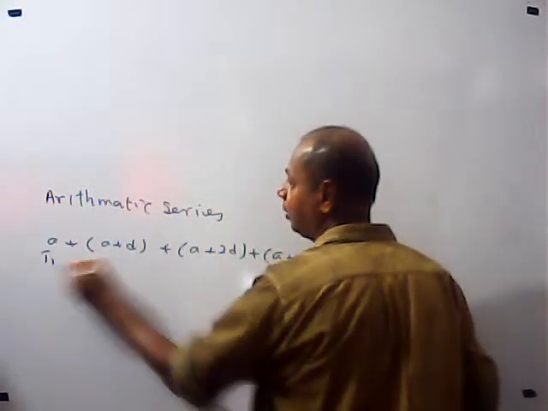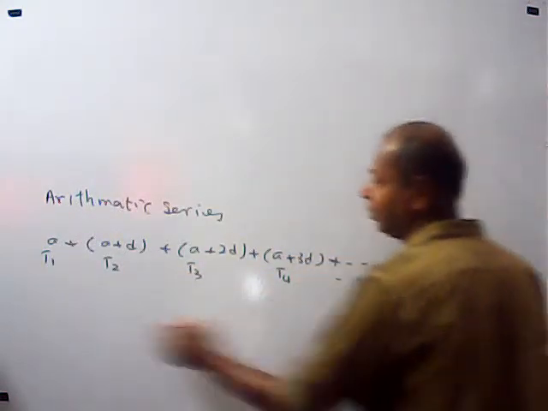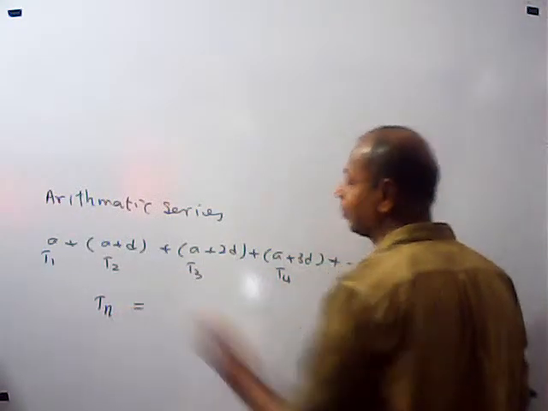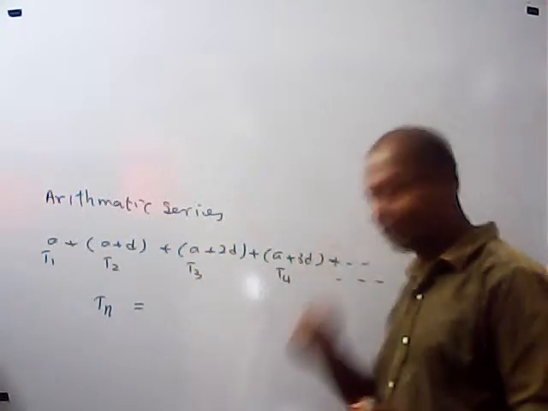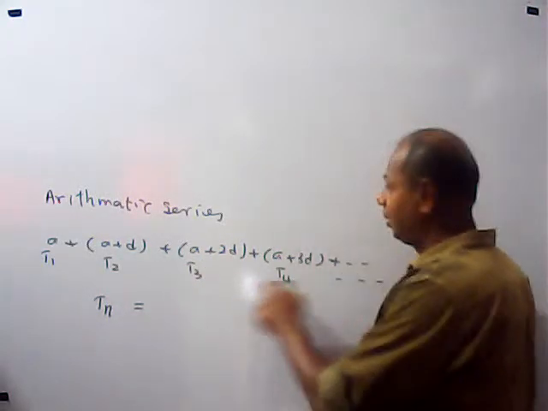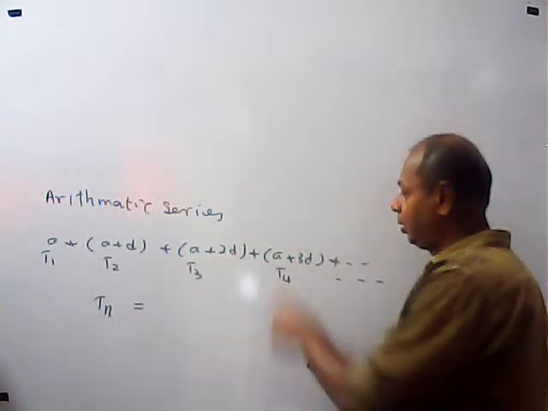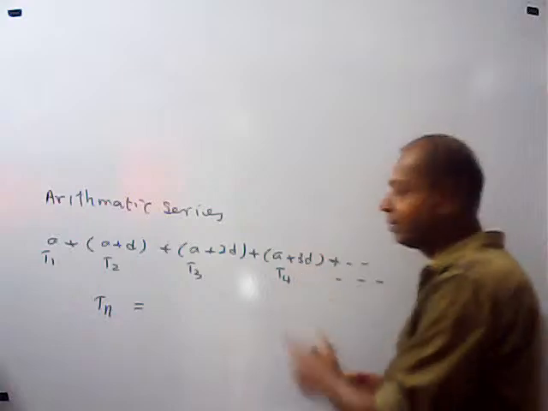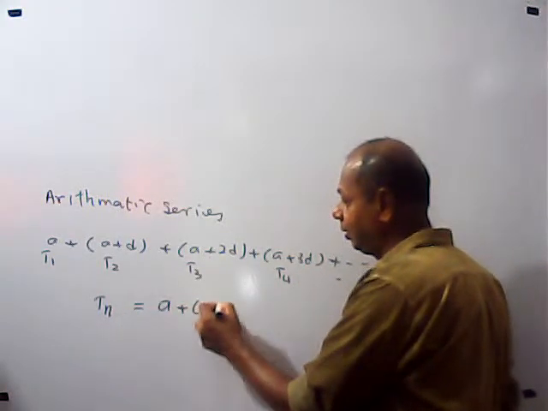This is term number 1, term number 2, term number 3, term number 4, and so on. So T3 is a plus 2d, T4 is a plus 3d. Generally, Tn, the nth term, is a plus (n minus 1)d.